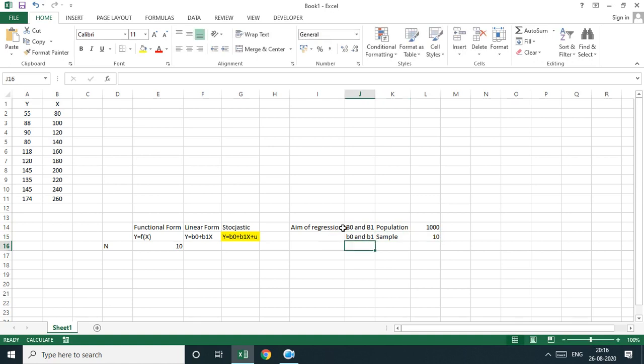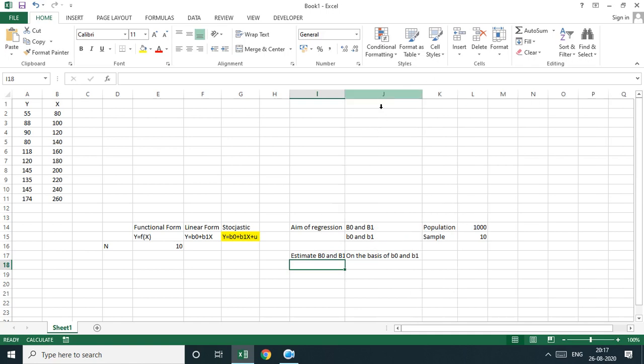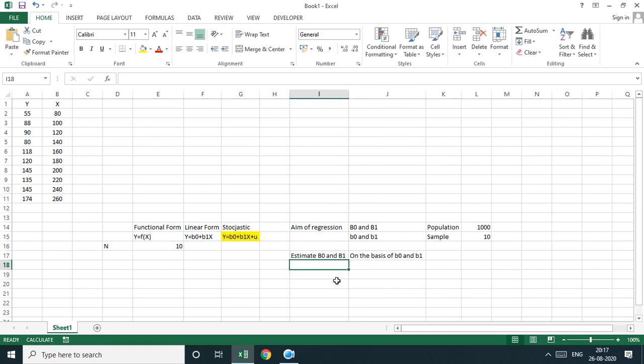So our aim is to estimate capital beta 0 and beta 1 on the basis of the small beta 0 and beta 1. Our aim is to find out this value.